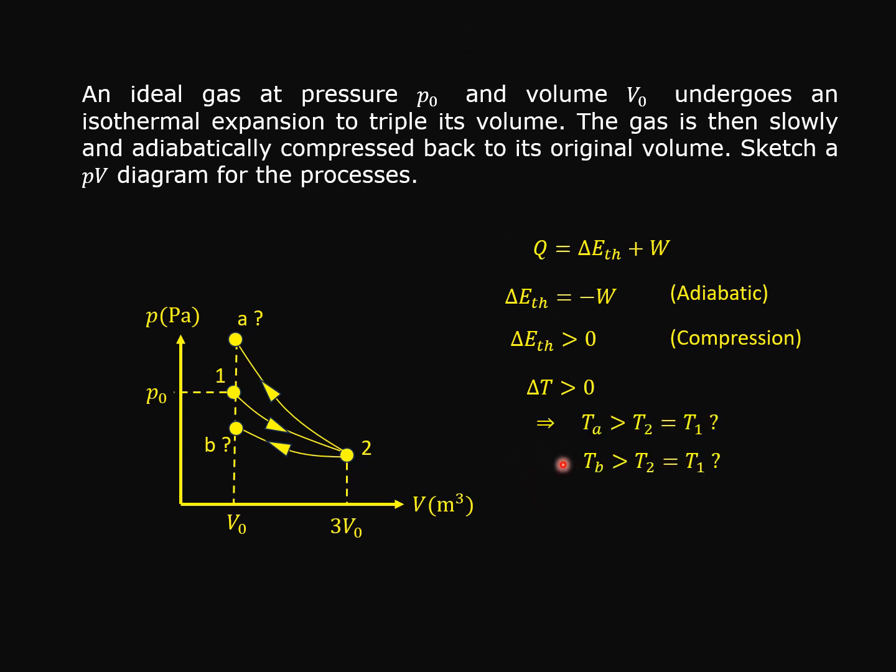This implies that if the curve from 2 to A is correct, then TA should be larger than T2, which is the same as T1. Now, if the other curve is correct, that means TB should be larger than T2, which is equal to T1.